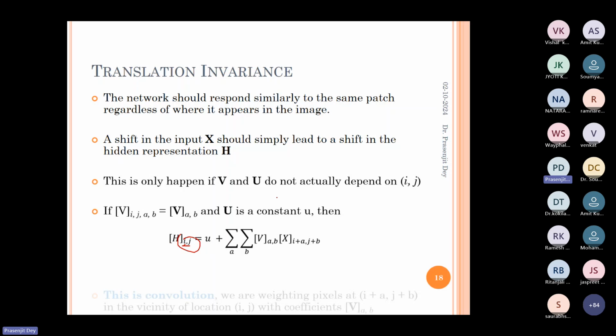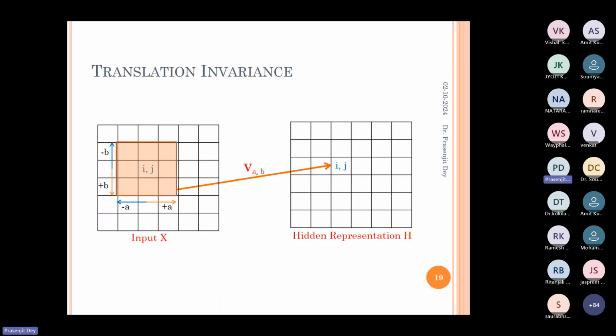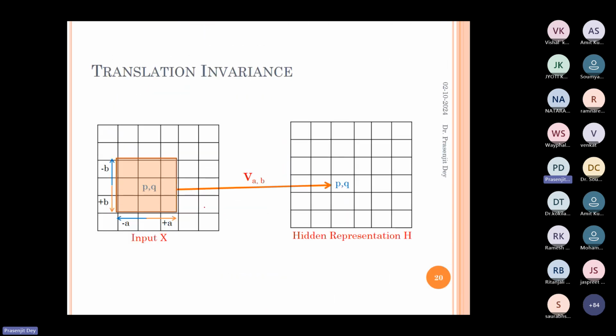So our ideal representation should look like this. As you can see in this picture, for the computation of any hidden node, we are ignoring the input positioning, we are ignoring the hidden positioning, and we only focus on the range of pixels which we consider for the computation of the hidden node. That is our objective.